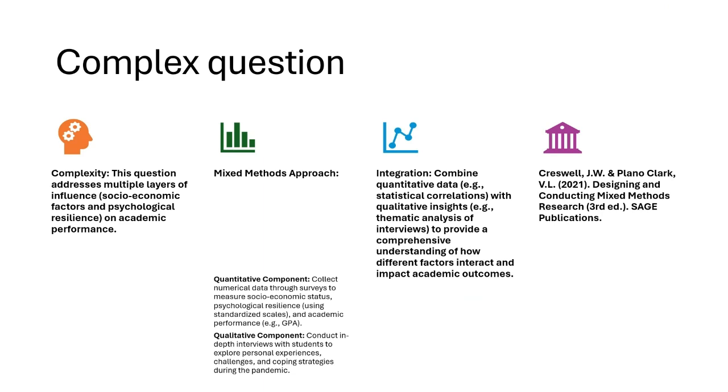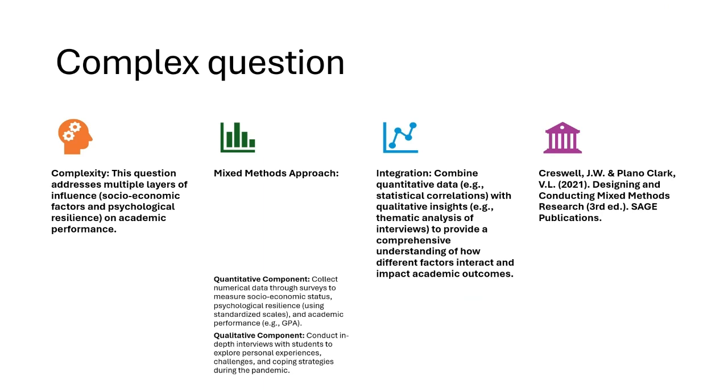So when we look at a mixed method approach, we might have a quantitative component where we do a survey to measure socioeconomic status, psychological resilience, and academic performance, for instance. And then we might follow up with in-depth interviews with students to explore their personal experiences, challenges and coping strategies during the pandemic.